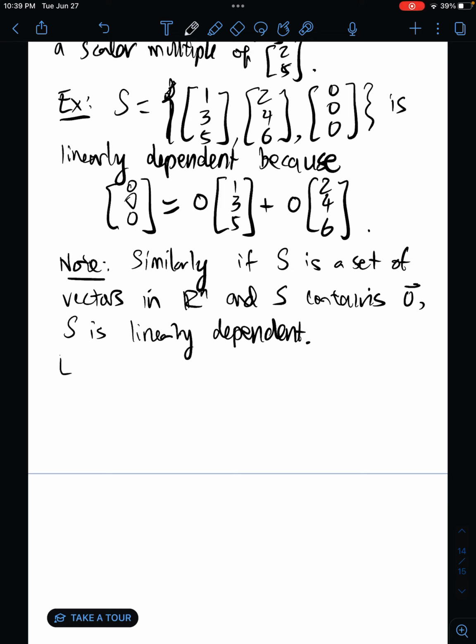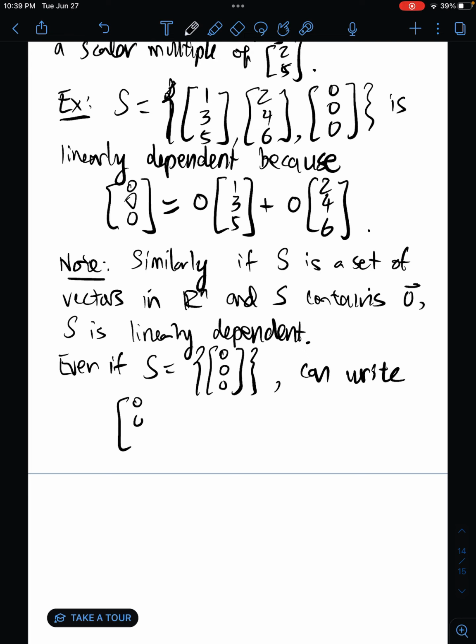I mean, even if S is just the set, say (0, 0, 0), I think there's an issue with this zero vector.